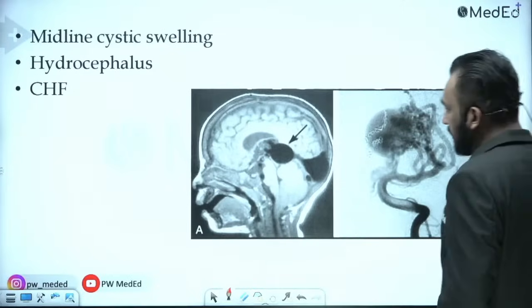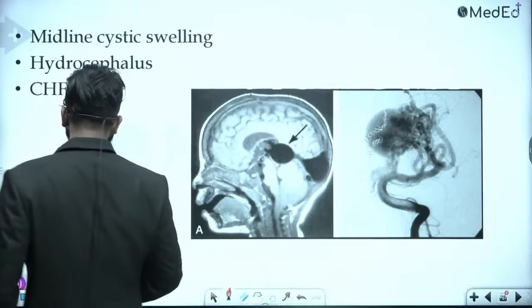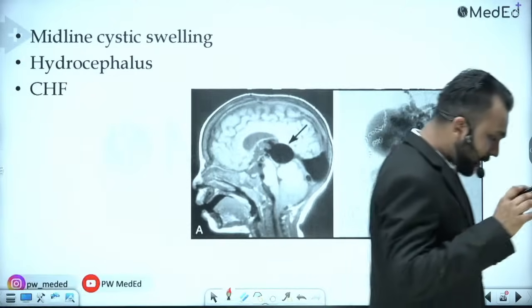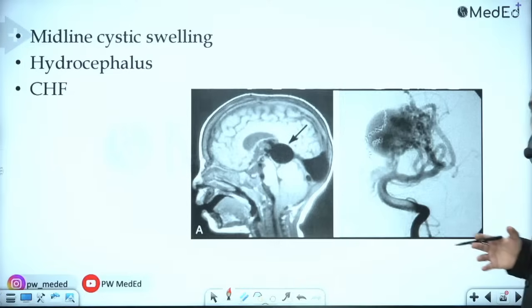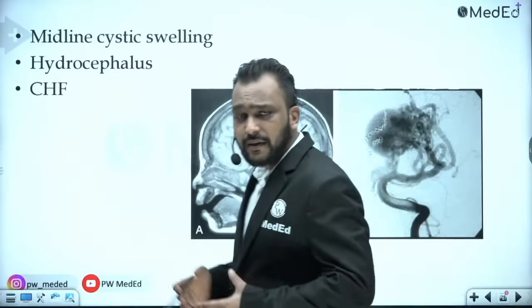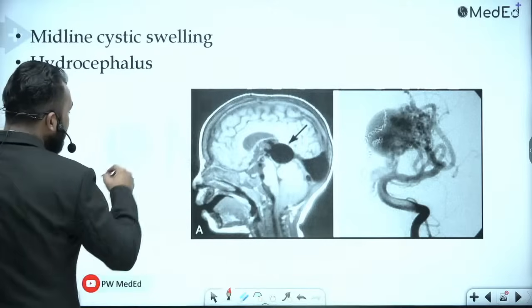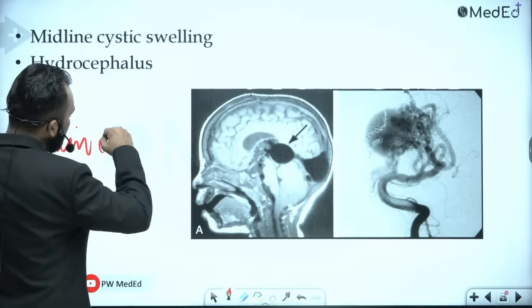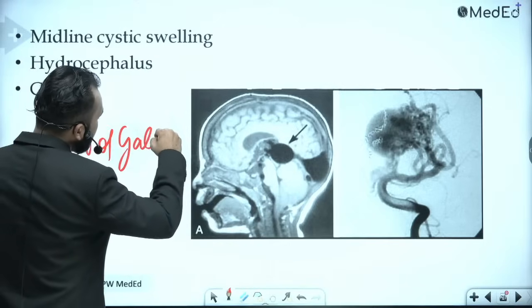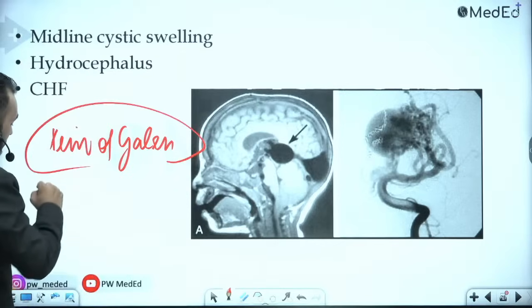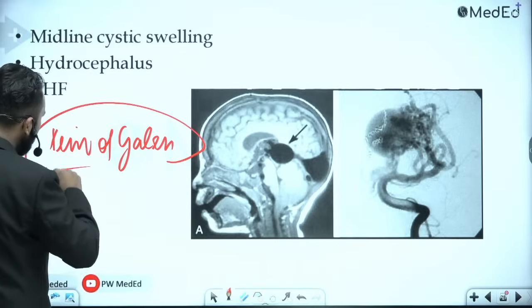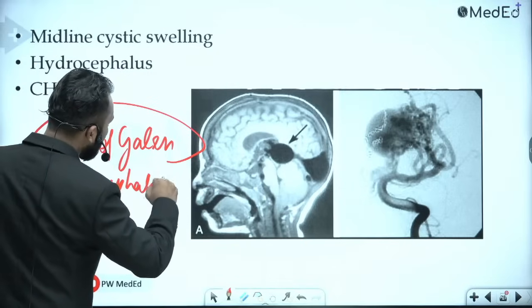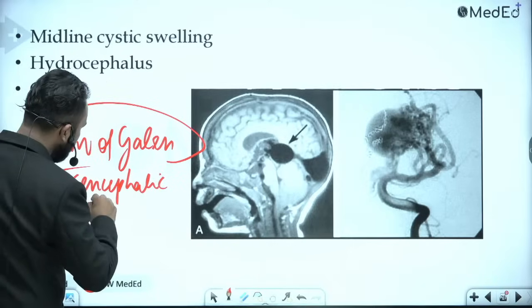So what is vein of Galen malformation? It is due to the persistent vein of Galen, in which there is an arteriovenous communication, and because of this the remnant of the vein of Galen, that is your median prosencephalic vein, becomes dilated.